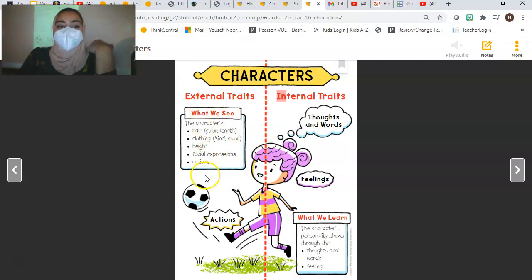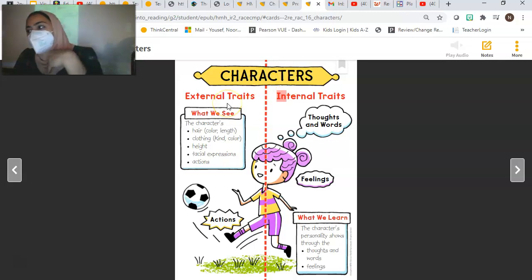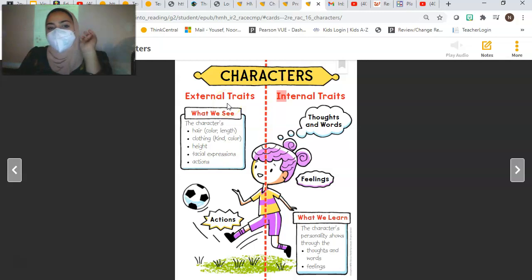Internal traits are thoughts and words, their feelings, who they are from the inside. External is who they are from the outside, right?